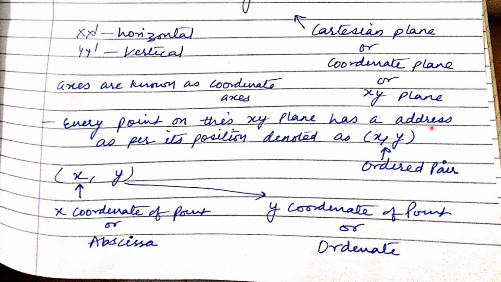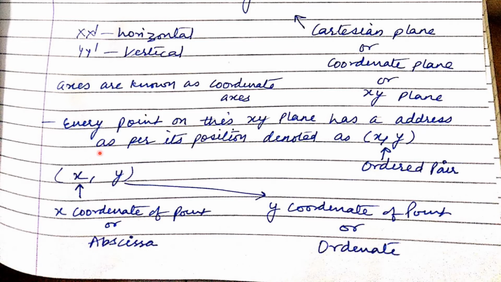And those two things are that ant's x coordinate and y coordinate. So if we can find these two things of a person moving on a plane, we can trace that person very easily. Let's see how.